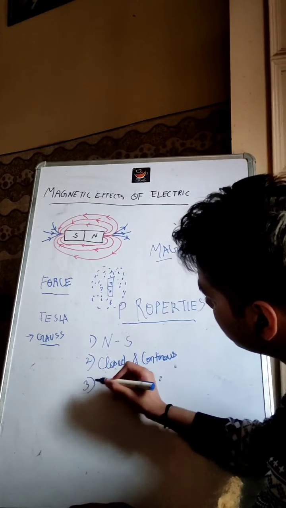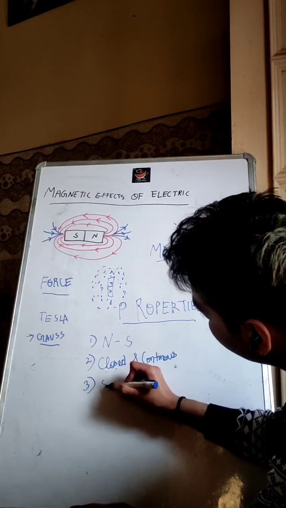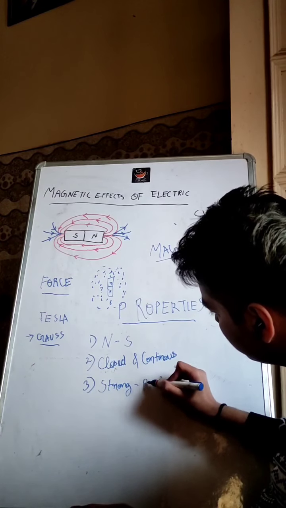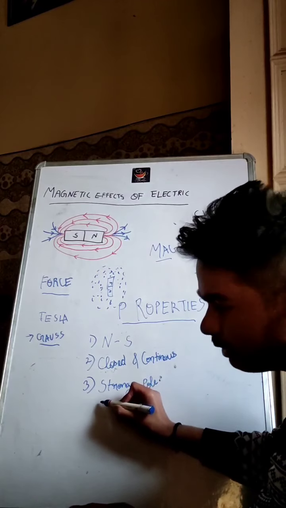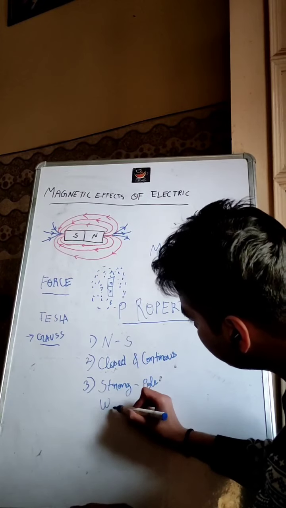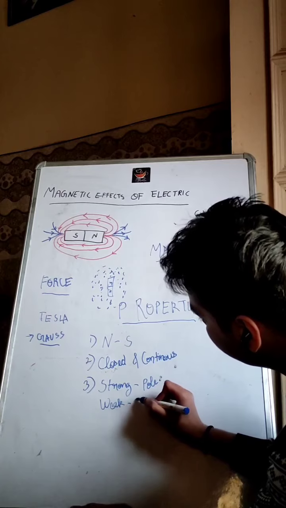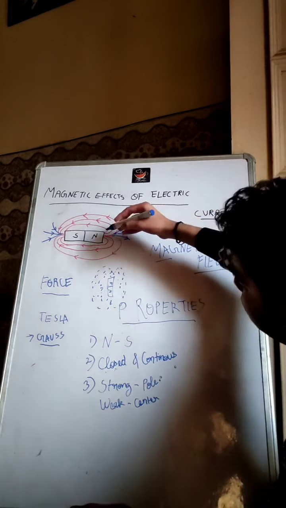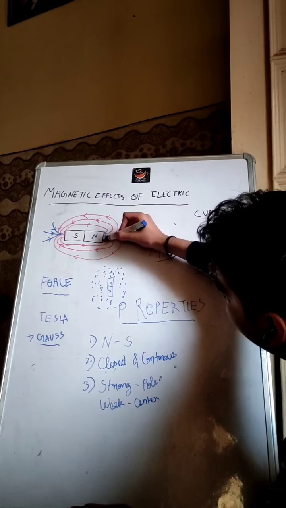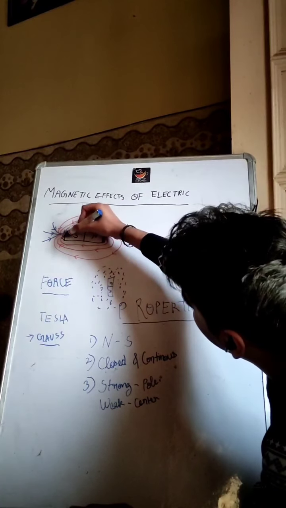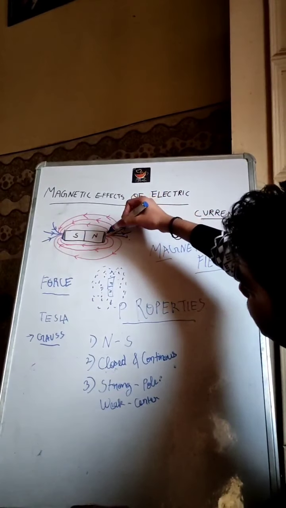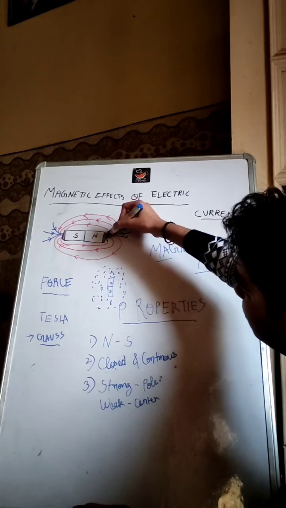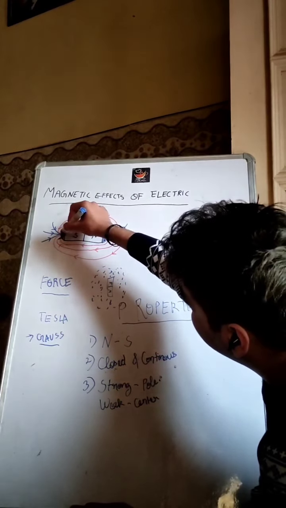Third property, the magnetic field lines are strong near the poles. I will be explaining what poles are just a second. And they are weak toward the center or far away from the pole. This area is called the pole. The magnet, as you can see, near the pole there are a lot of magnetic field lines coming out and merging in.